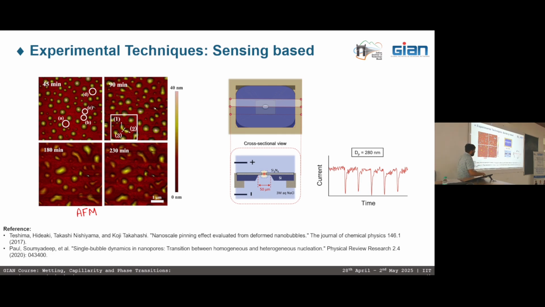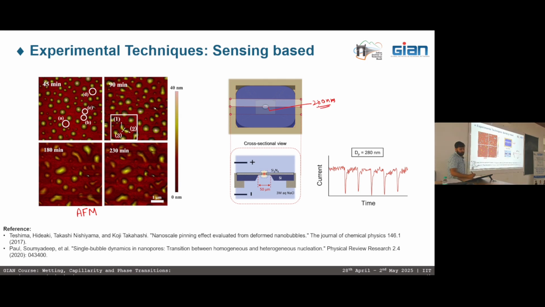And I think this I have already discussed. This is a kind of CAD image where we have a nanopore in a silicon nitride membrane. I think the pore size used by Dr. Paul in this experiment was around 280 nanometers.